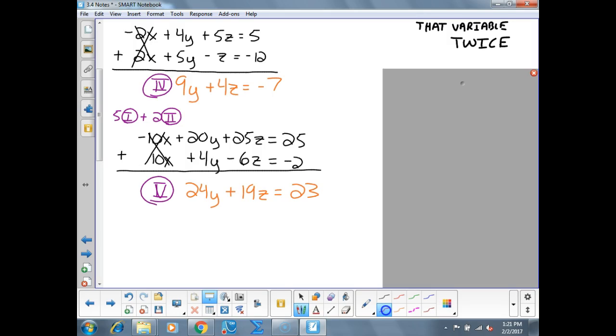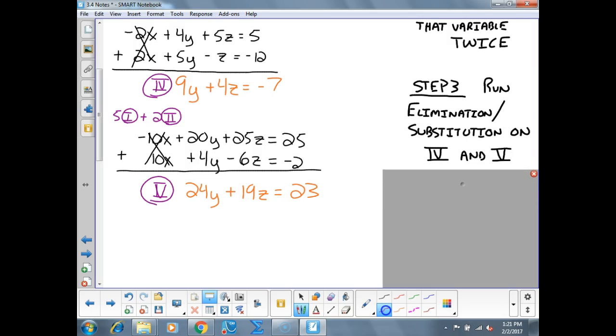Now, with equations 4 and 5, I can run elimination or substitution or graphing on those two. Graphing? Nobody wants to graph?